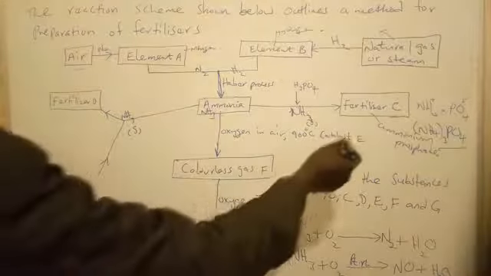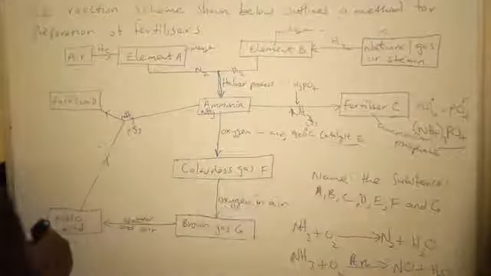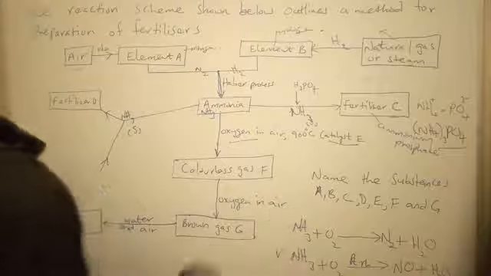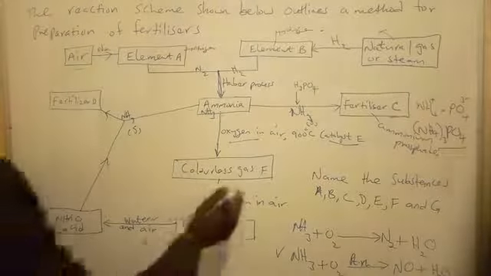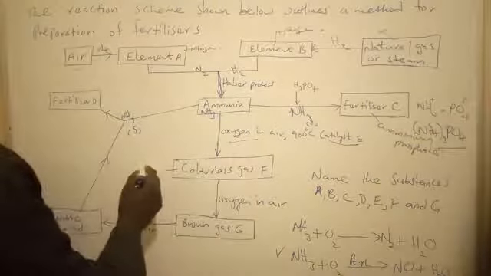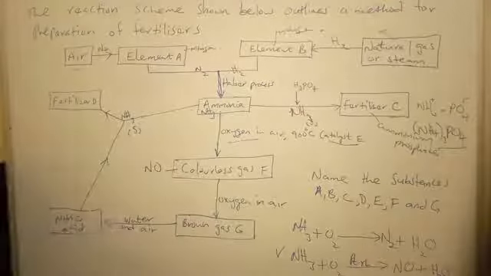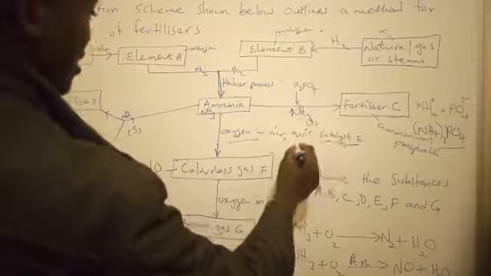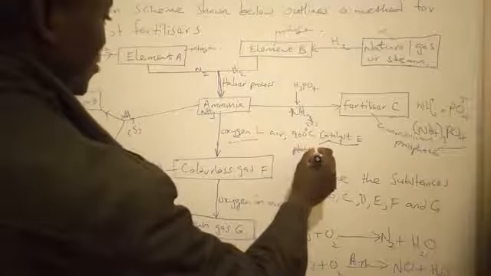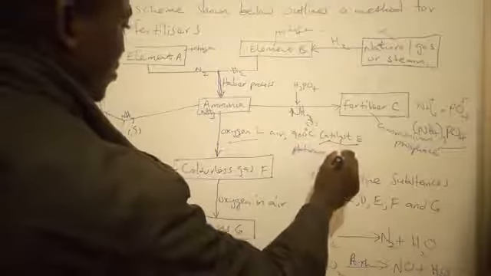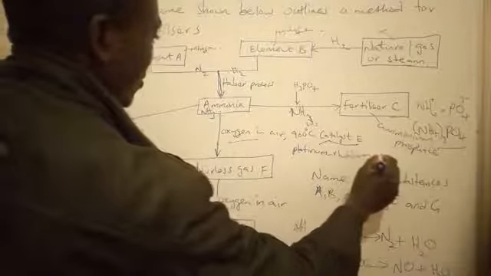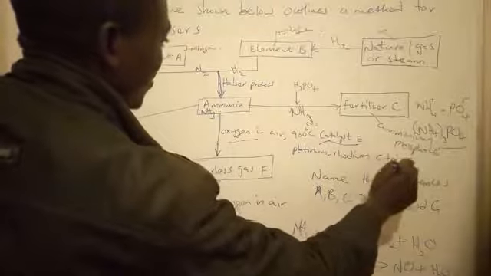So if you see a catalyst here, and this is oxygen, then the equation we are going for is this. So that means that this colorless gas F is NO, nitrogen 2 oxide, and this catalyst here is platinum rhodium catalyst.